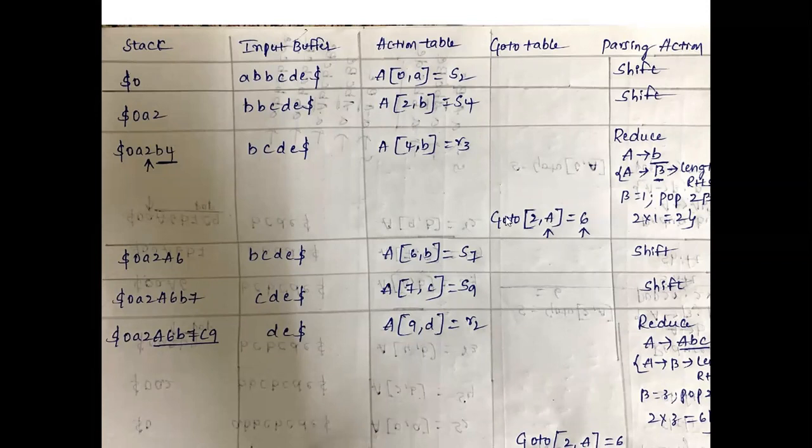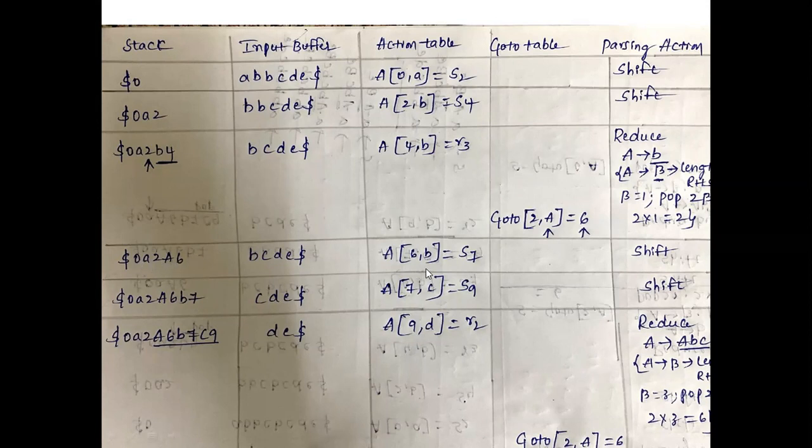After popping, what is on the top of the stack? 2, right? The left hand side variable is A. Goto of 2 with A is 6. Now push A and 6 onto the stack. Now my stack contains 0, A2, A6.